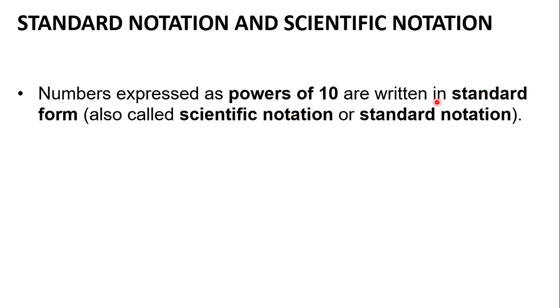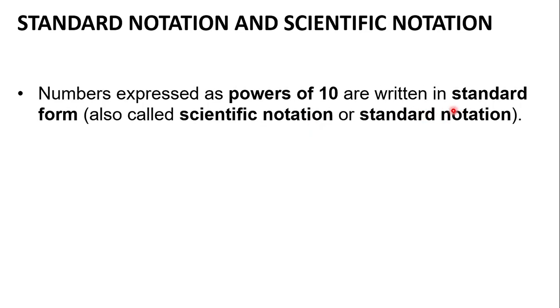Don't be confused. The usual way of writing numbers without powers is not standard form, it's what is called ordinary form. So when you write a number such as 589, that's an ordinary way of writing numbers.